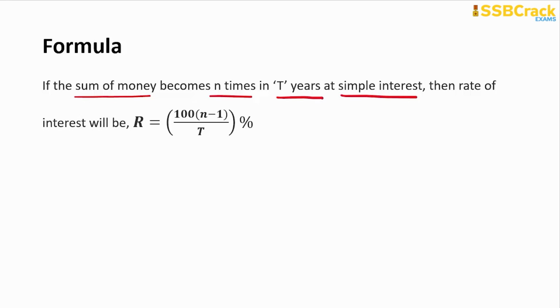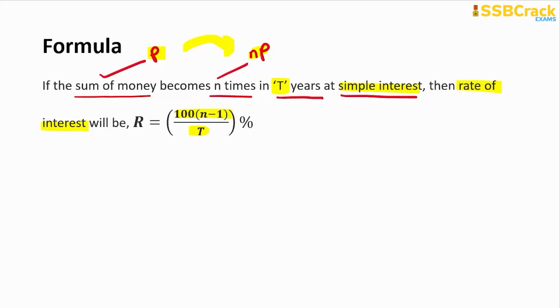So here, based upon the simple interest calculation, a certain initial sum of money, that is a certain principal, becomes n times, meaning it is becoming n times p, and for that they mention the period. In t years, the p amount is converting to np amount at simple interest, then you can calculate the rate of interest, that is capital R, with the help of this formula.